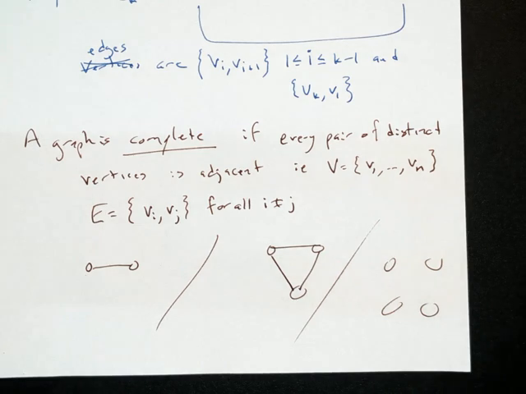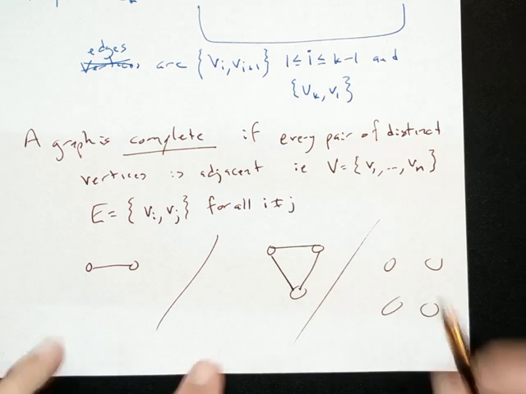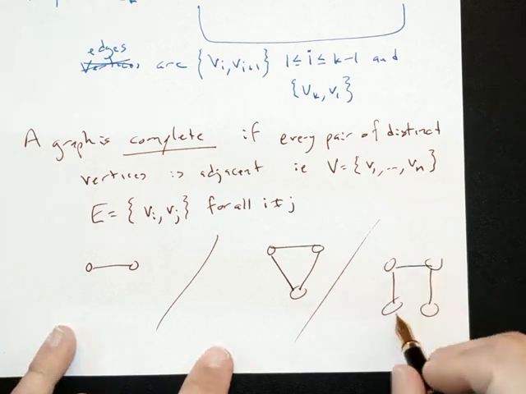Unfortunately, no. There's more edges than that. I've got 4 items. I'm taking them 2 at a time. I remember discrete combinations, 4 choose 2. How many ways are there to get 2 objects out of this set of 4? There are 6 edges. So I end up with a square.